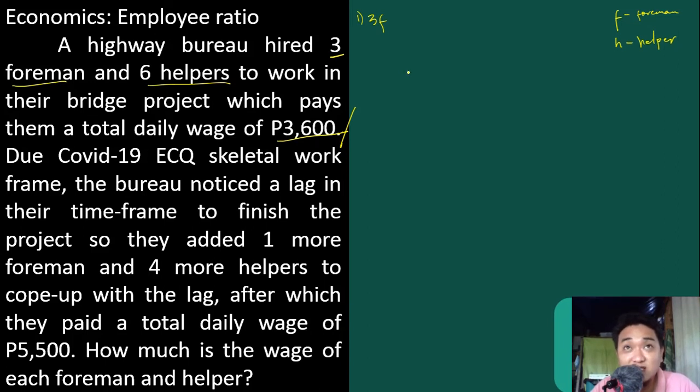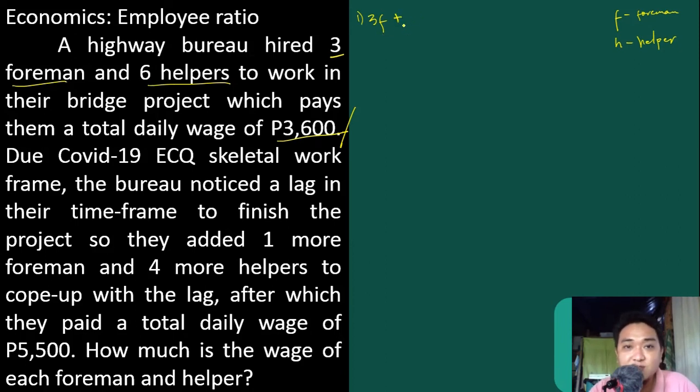So 1,800 sa foreman. So ang point natin dito is 3, which is 3 foreman, times kung magkano yung daily wage bawat foreman. Pag times natin yun, makukuha natin yung total wage para sa foreman.